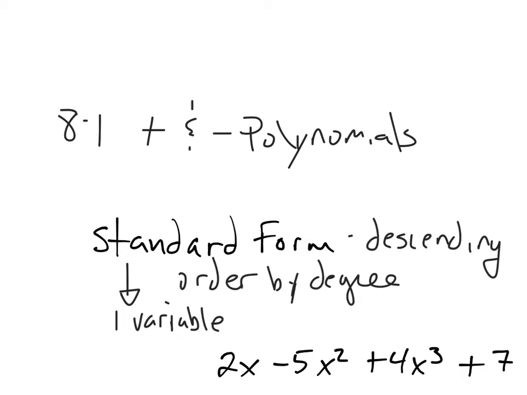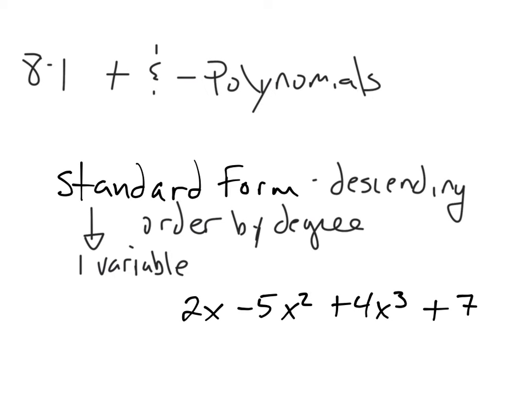So if we have that polynomial, what is the term with the highest degree here? 4x cubed. And so 4x cubed is going to go first. So putting this in standard form would mean that I would have 4x cubed first.